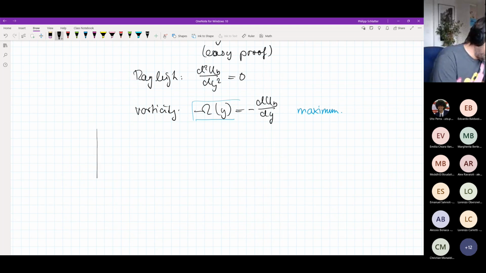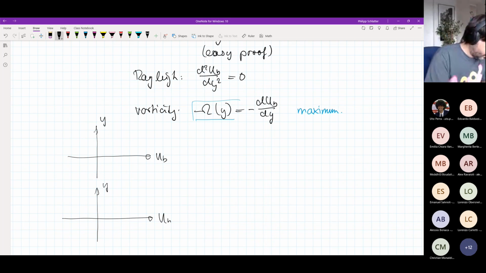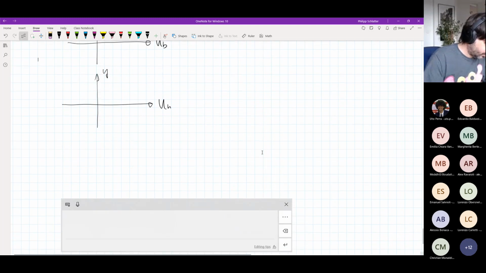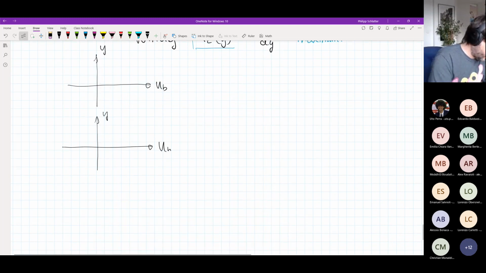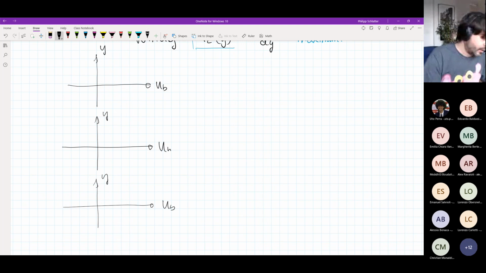So if we look at three different types of profiles, we have Ub as a function of y, and I do that three times.